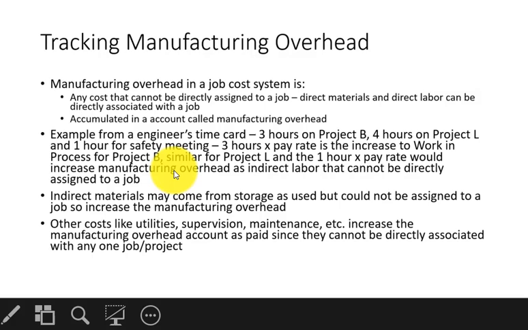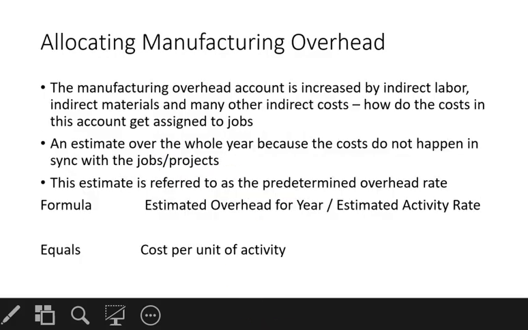Anything indirect, but that is still necessary to make the products, but cannot be identified as going to one particular job, then goes into overhead. So you're just getting this big pile of overhead, right? This account is getting filled up with stuff that we're spending.